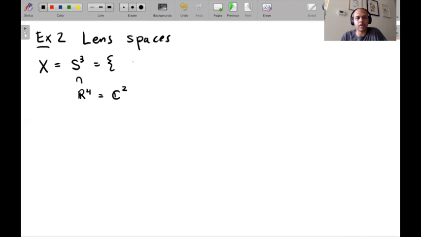So S3 can be described as pairs (z, w) of complex numbers so that the norm is 1, which we can write as |z|^2 + |w|^2 = 1, where bar is complex conjugation.